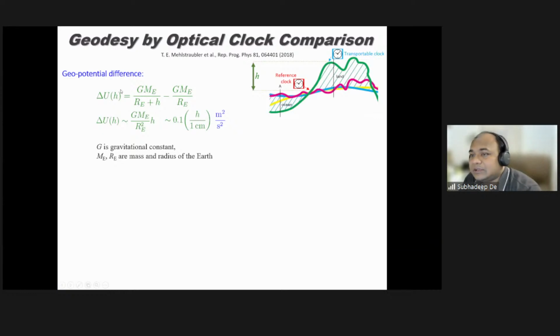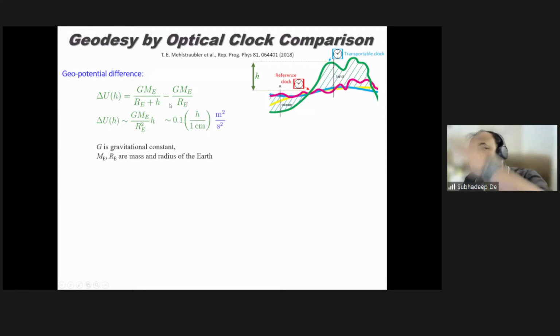The change of geopotential, delta U, due to the change of height from the Earth's surface can be written like that. This is a very simple formula we know: the Newtonian potential on Earth's surface is G times ME by RE, where capital G is the gravitational constant, ME is the mass of Earth, and RE is the average radius of Earth.